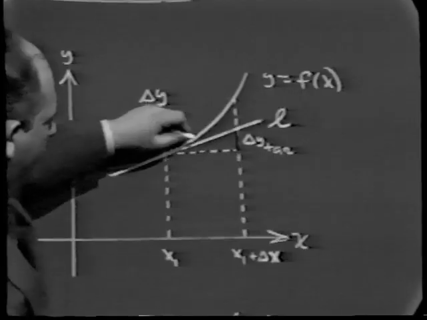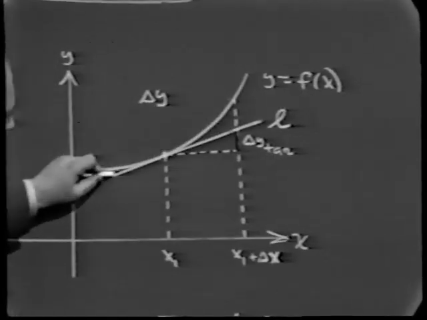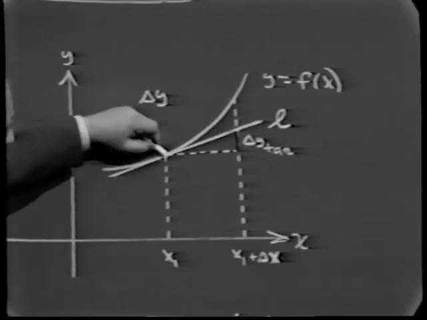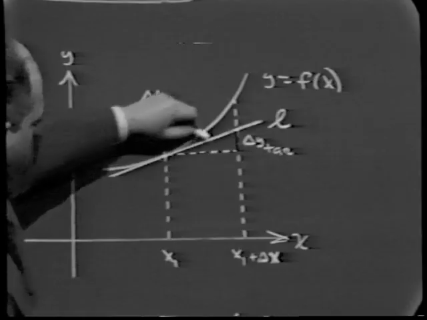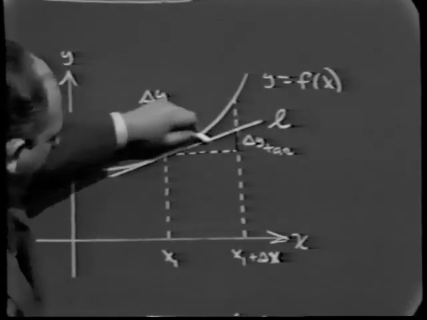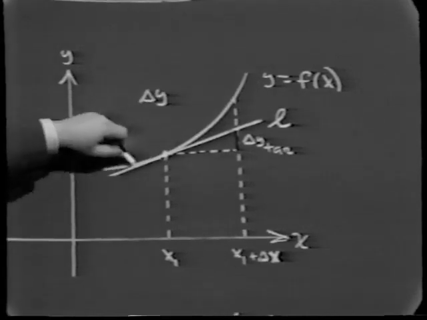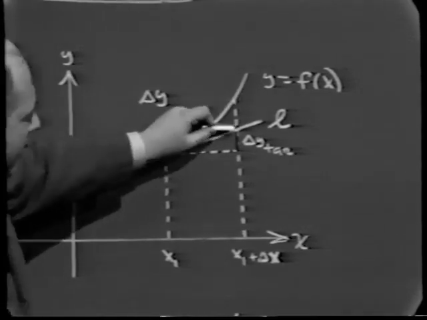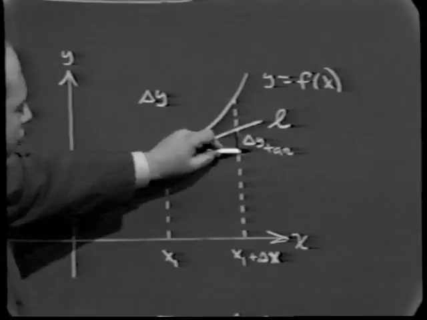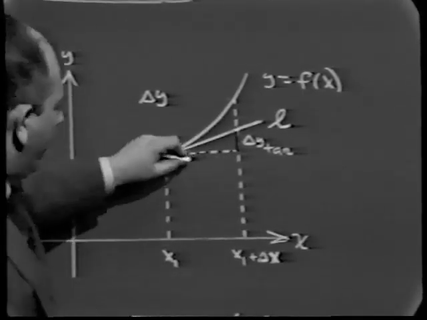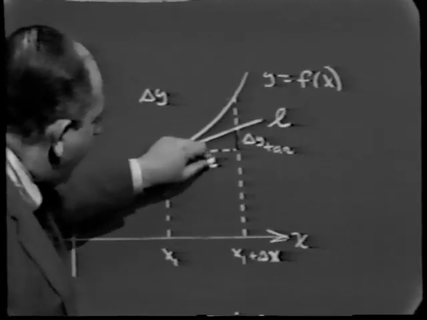Notice, if we look at this particular diagram, that since the tangent line never changes its slope, and by the way, when I say tangent line, I mean at the point x1, that once we leave the point x1, the tangent line, in a way, no longer resembles the curve. But the point that is important is that I can compute the change in y to the tangent line here very easily.